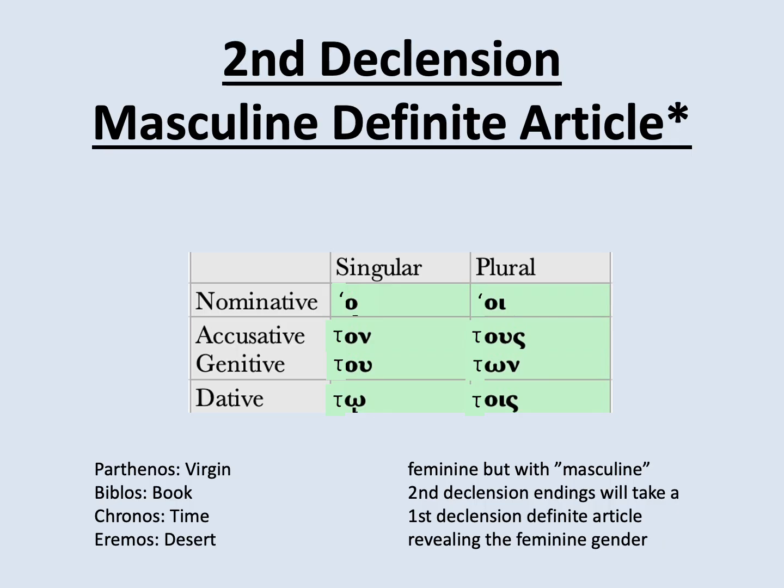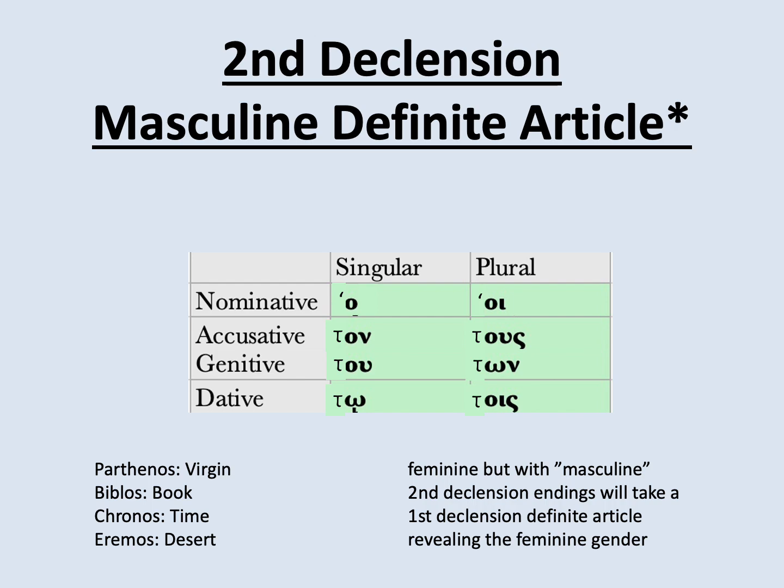In the rest of the nouns that are feminine, but with the masculine endings, they will actually have a completely different definite article. Actually, a definite article from the first declension that reveals that it's feminine, because it won't take ho parthenos. Instead, it will be he parthenos. The he being the feminine definite article, which we'll learn in a different lecture.